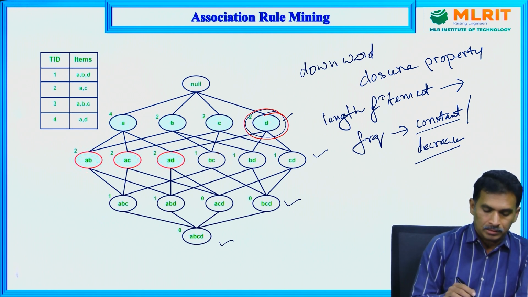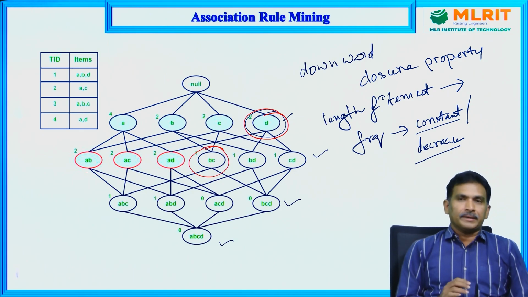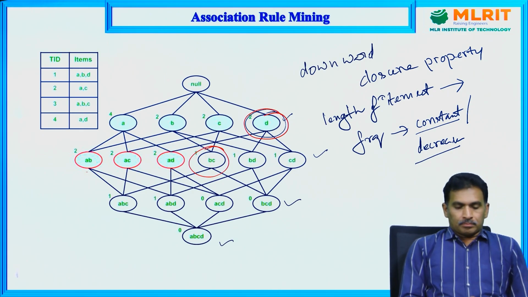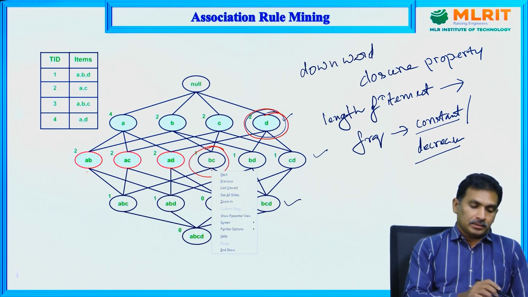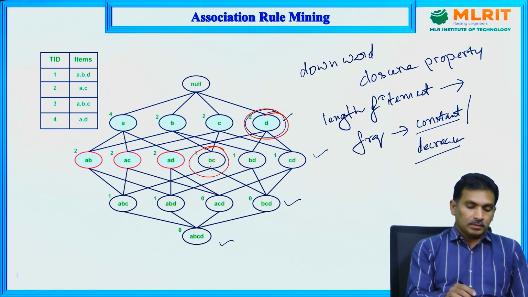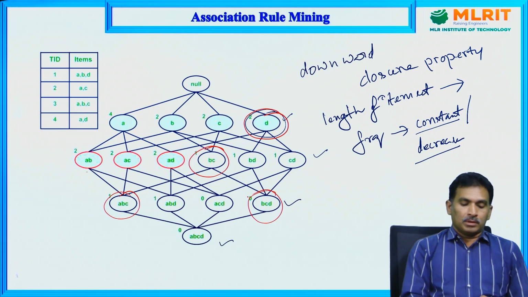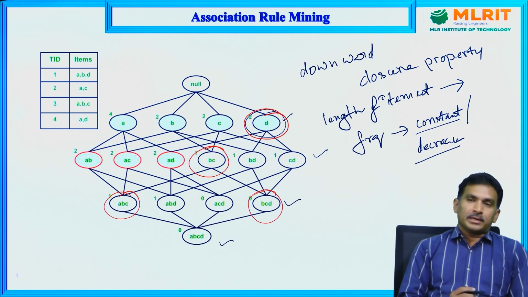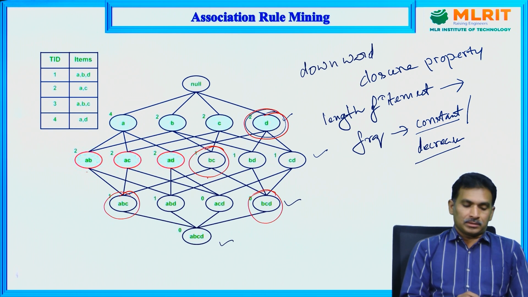Let us say BC is an infrequent item set because its frequency is 1. The supersets of BC are ABC and BCD. So there is no need to check the frequency of its supersets.